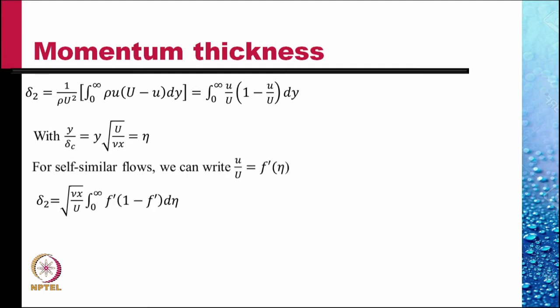And then u by U is f prime of eta, and we get delta 2 as under root nu x by capital U, integral 0 to infinity of f prime times (1 minus f prime) d eta. This clearly is independent of x.